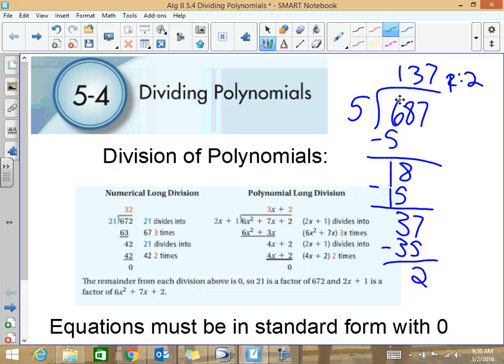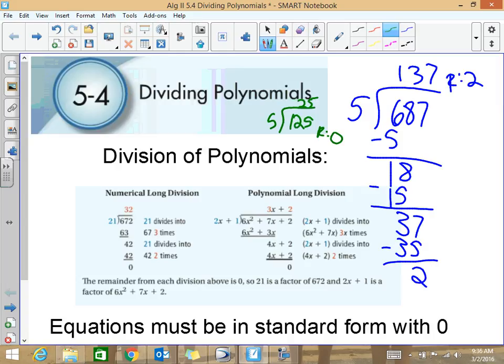Okay, now one more thing. What if I had done, let's say I did 125 divided by 5. Okay, and the answer to that is 25, remainder of 0. Okay, what does that remainder of 0 tell me about 5 and 125? It goes in evenly. What else? 125 is divisible by 5.